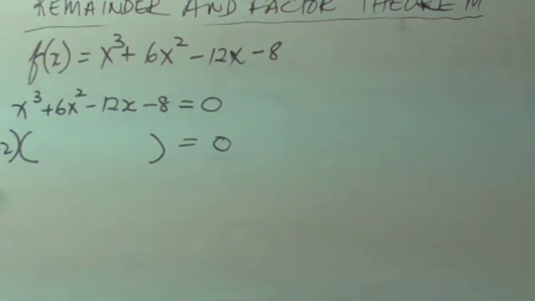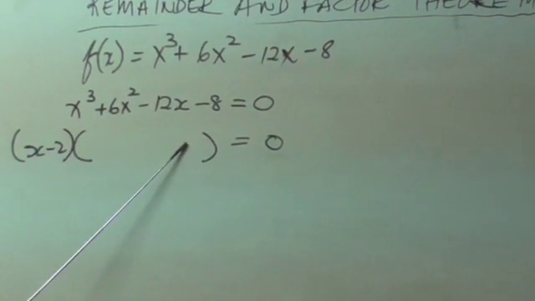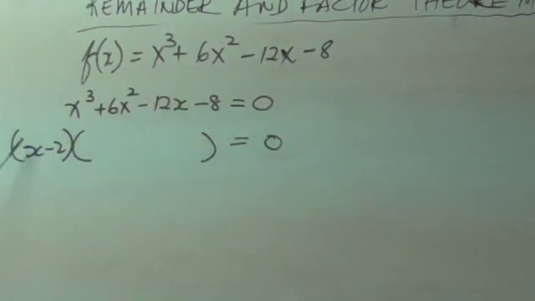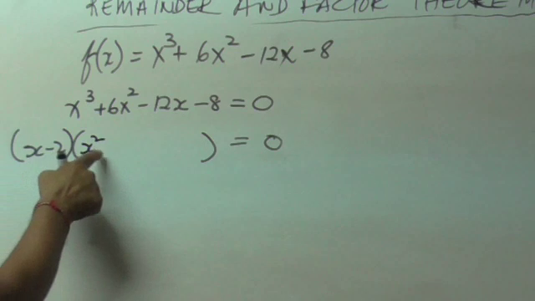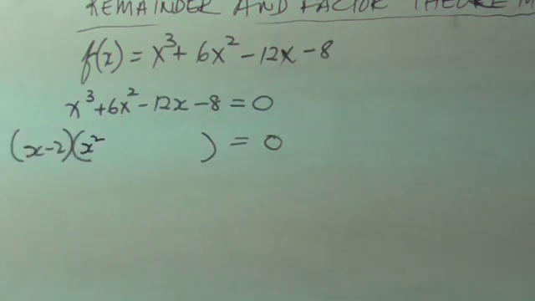So we write x minus 2. Now here we're going to get a quadratic. If this is x and that is x cubed, then this must be x squared, because x times x squared will give you x cubed.